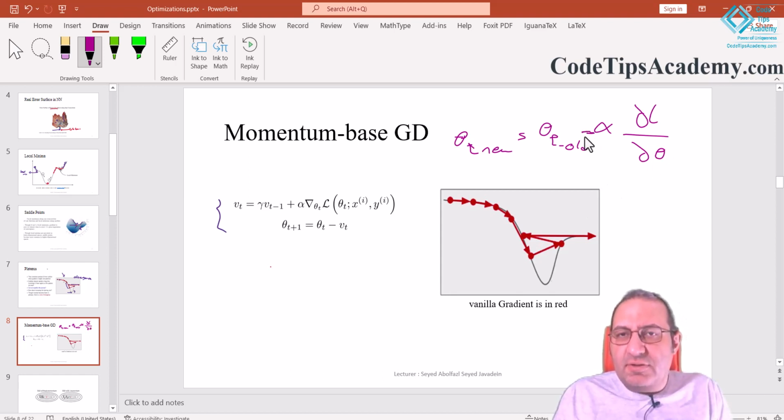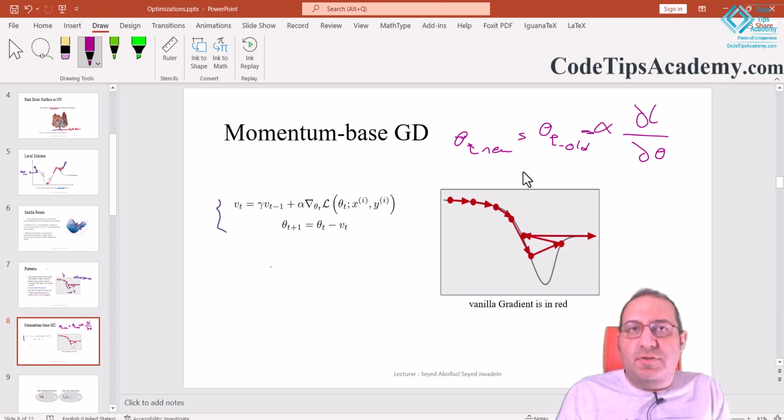This is the standard gradient method that we spoke about in the previous video.